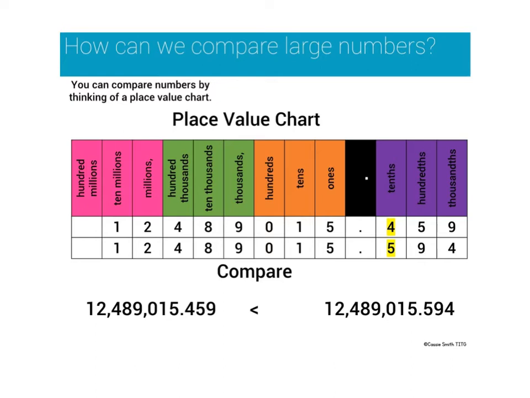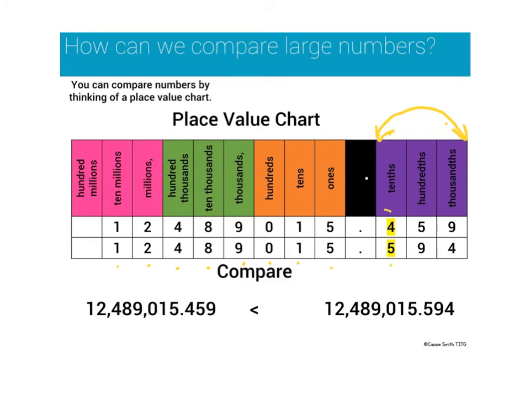For our decimals, remember there's the tenths, hundredths, and thousandths place that we got introduced to. By lining up those decimals and putting them in the correct place value chart, we can see which number is bigger or greater without looking at every single number. Here we can see that the 1 is the same, the 2 is the same, the 4 is the same, the 8's the same, there's a 9 there, 0, 1, 5.